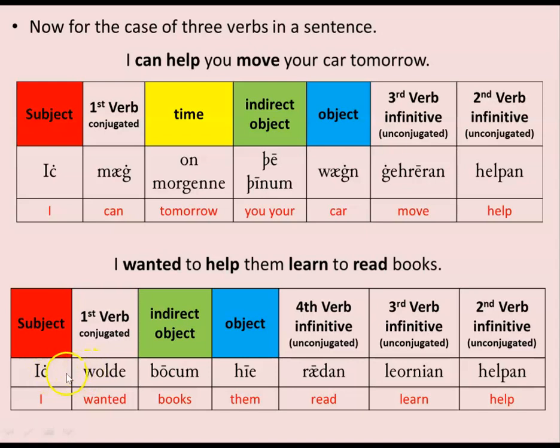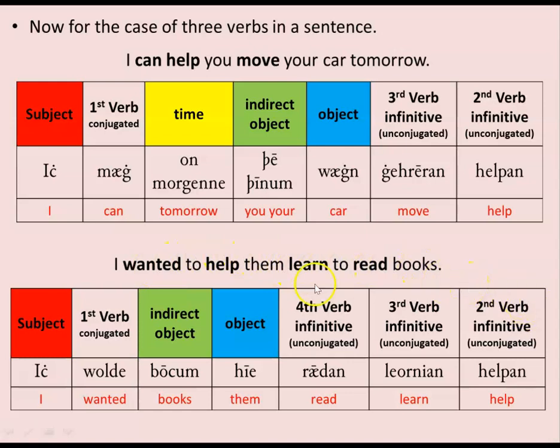So for wanted, first person past tense singular, I choose walder. When I go to the verb conjugation table in Old English, walder is the one I want. It's walder bokum here, raden, leornian helpan. Okay, so I wanted to help them learn to read books.